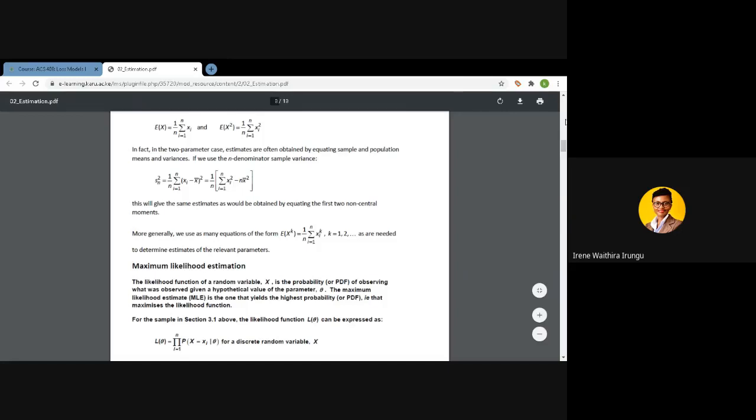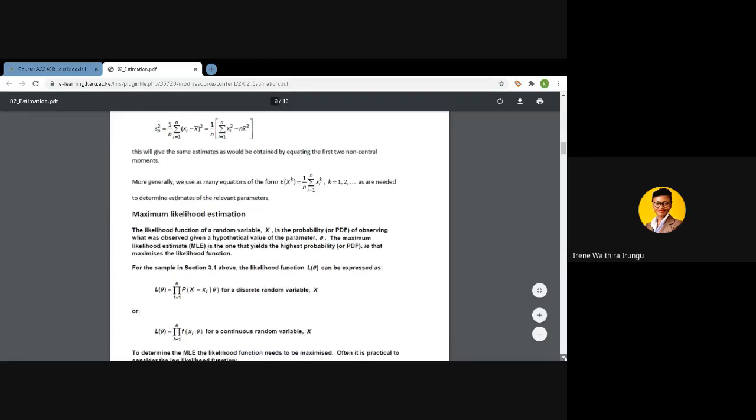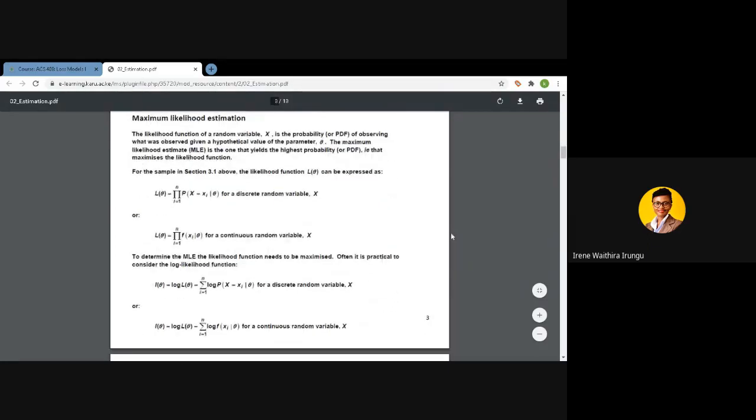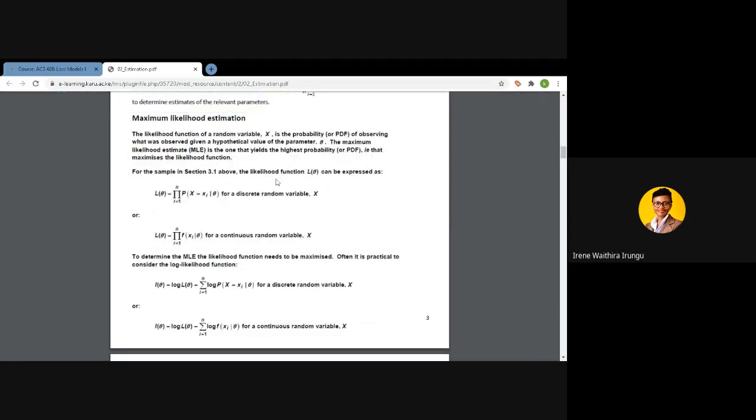Okay, before we do that, maybe we can also look at maximum likelihood so that we can apply the examples to both methods. Under maximum likelihood estimation, I believe you have already done the theory of estimation in statistics. You begin by determining the likelihood function. If your random variable x is discrete, then you multiply your probability mass function over the entire sample size.